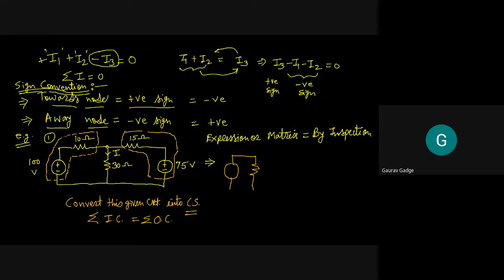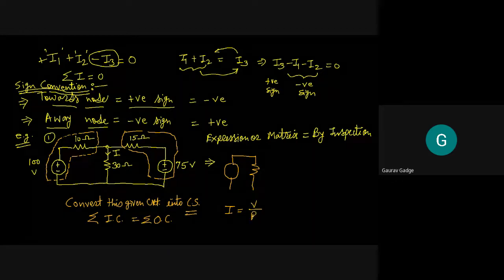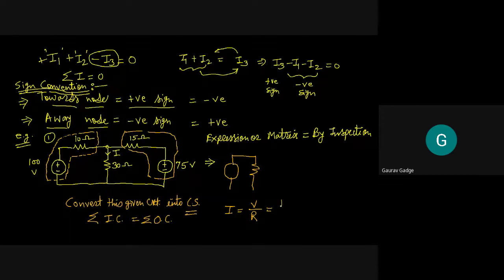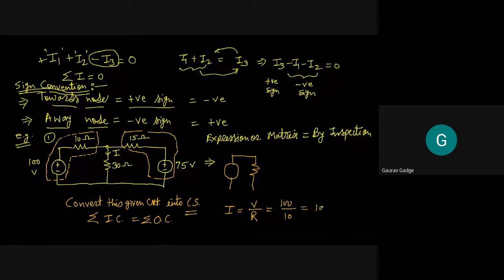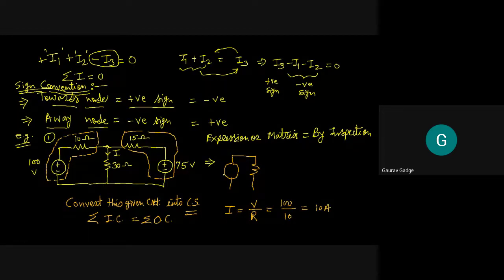Now, when we have a voltage of 100 volt and 10 ohm as voltage source, the value of that current is equal to voltage upon resistance. What is voltage? Voltage is 100 volt. What is resistance? It is equal to 10, and the answer is 10 ampere. So the value of that current is 10 ampere.